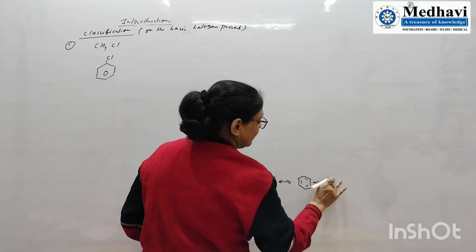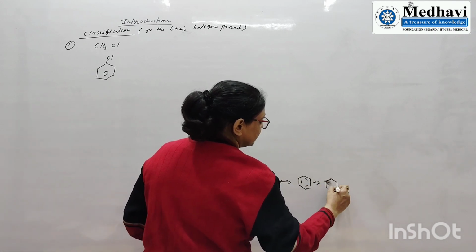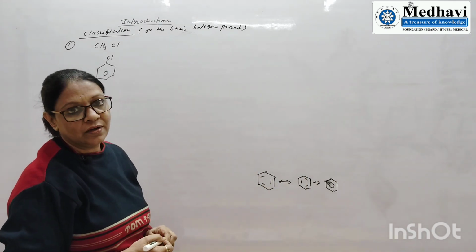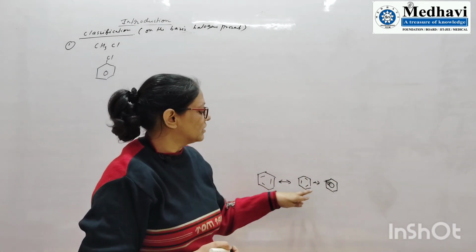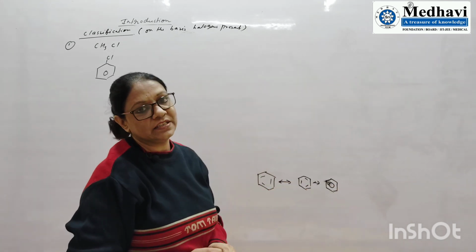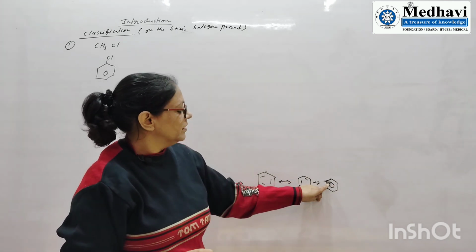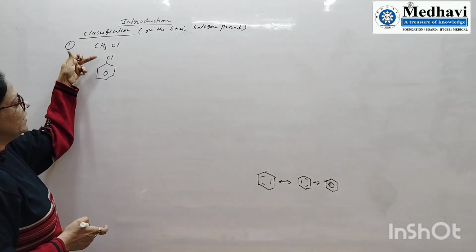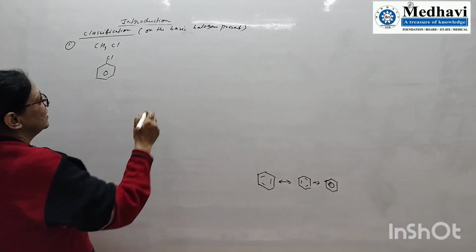Better that we write benzene like this. That means all the 3 pi bonds, or you can say 6 electrons, are delocalized over the 6 carbons. This is delocalization of the bond. So that's why here I am writing aliphatic as well as aromatic.